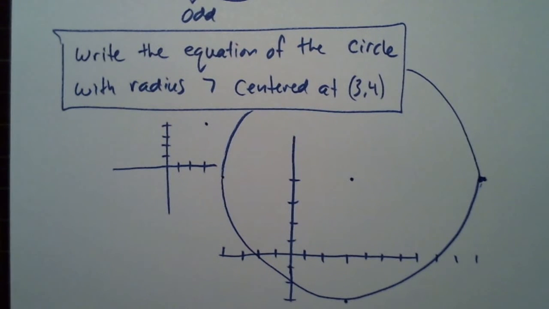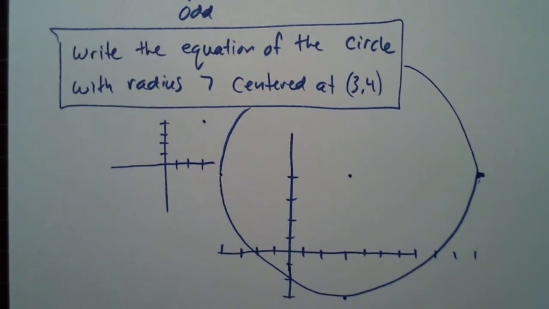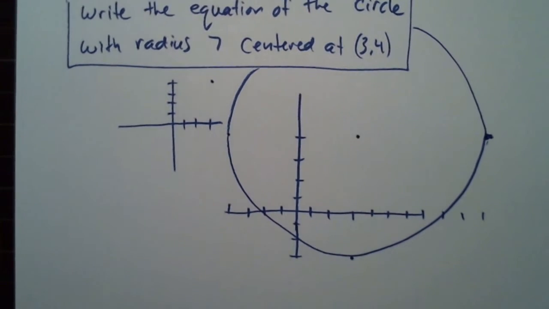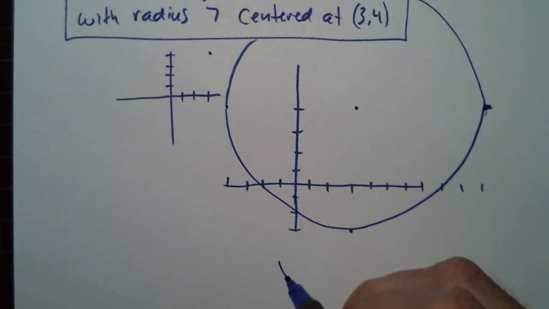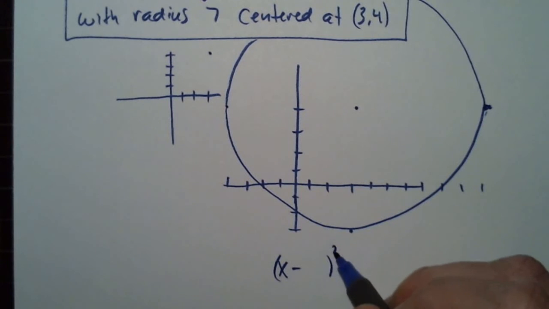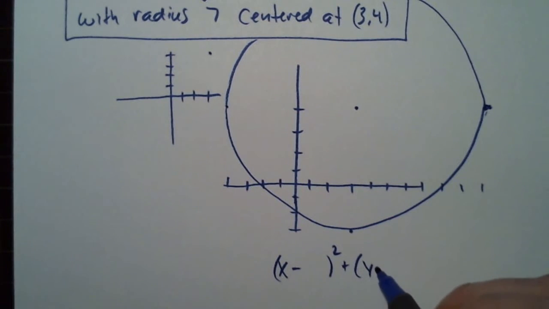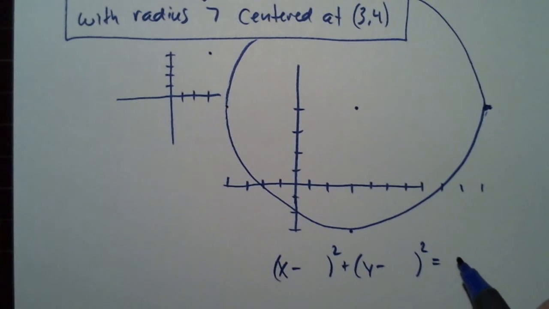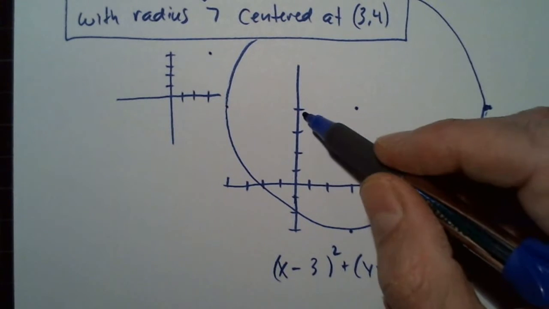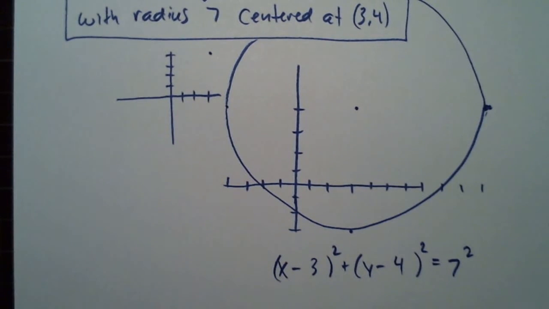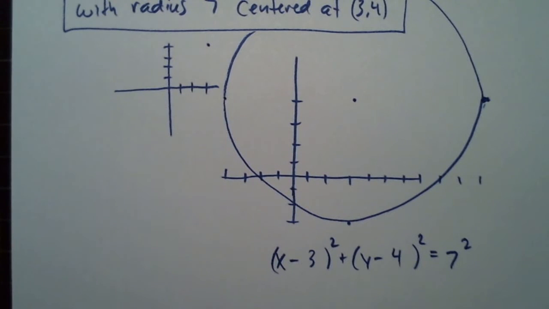So we have a circle with a radius of 7. To write the equation for this, we just have to have x minus the horizontal shift, y minus the vertical shift equals r squared. The radius is 7, and the horizontal shift is 3. The vertical shift is 4.